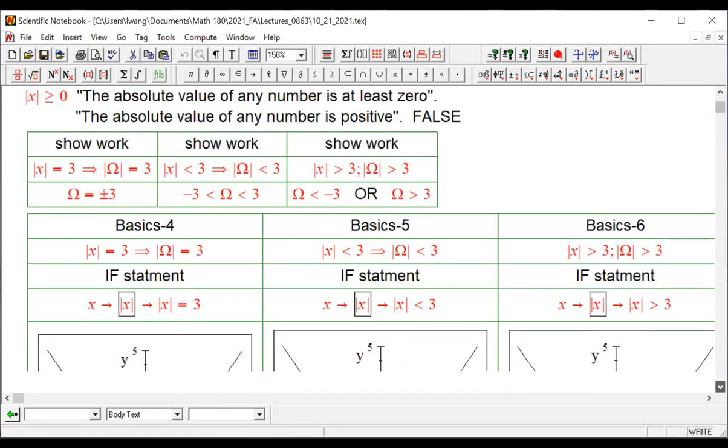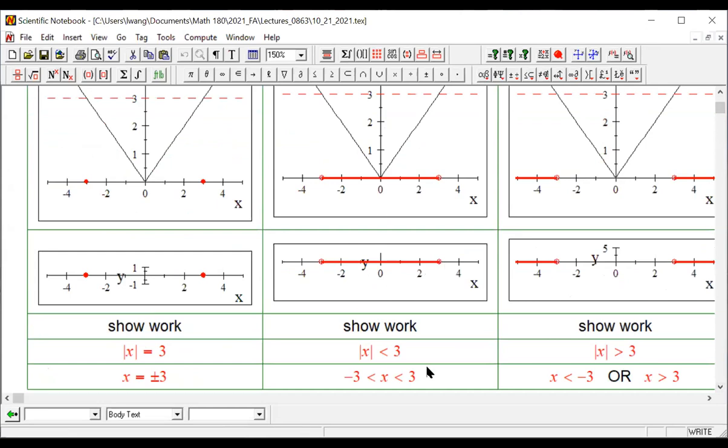Because you see that in the case of absolute value of x less than 3, we know the solution is going to be between -3 and +3, exclusive, right? So what are the characteristics of these numbers in between -3 and +3? Every single one of them is larger than -3, and at the same time, they're less than +3.